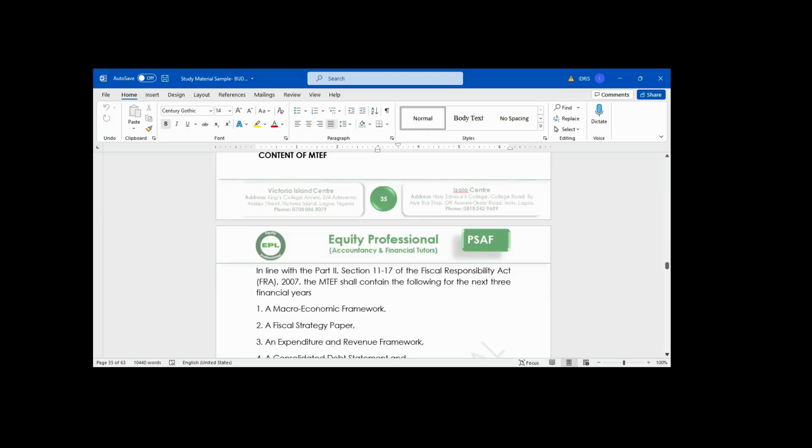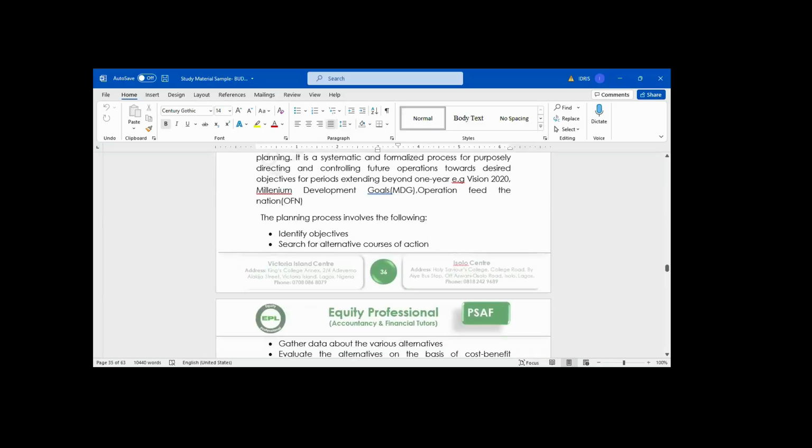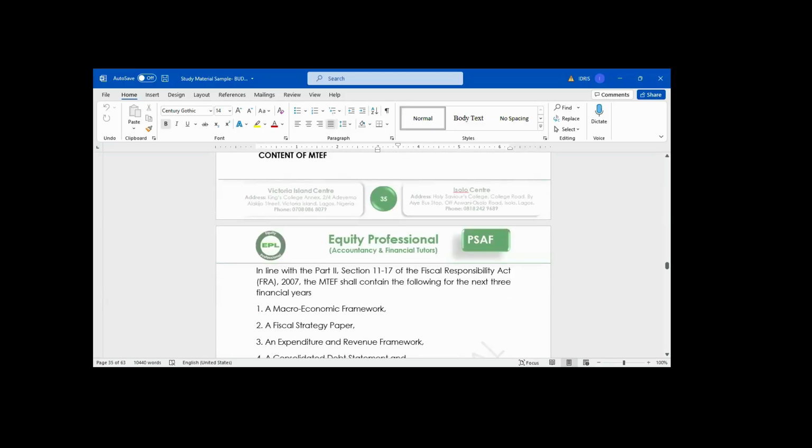This is one of the contents of the medium-term expenditure framework. Another content is called the fiscal strategy paper. The fiscal strategy paper is also one of the contents of the medium-term expenditure framework.